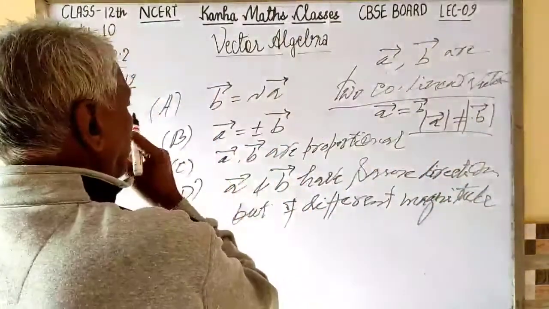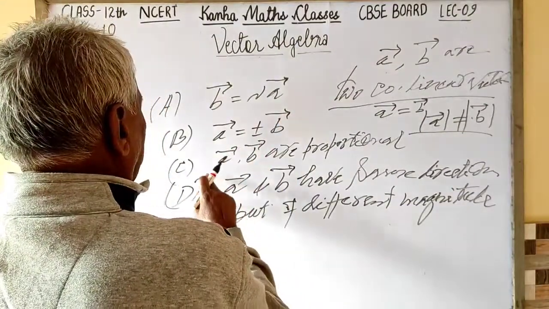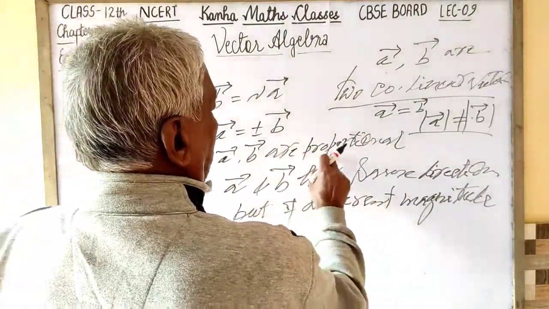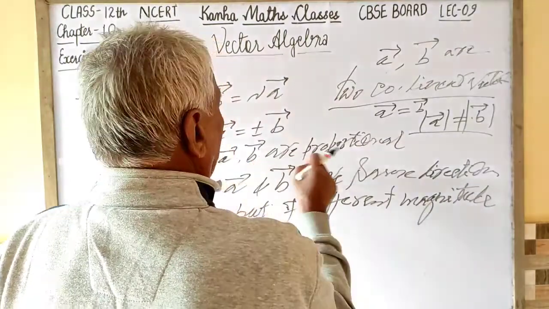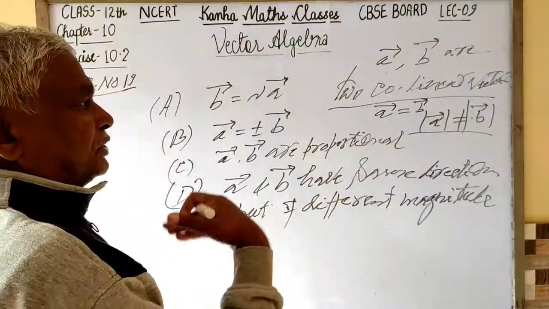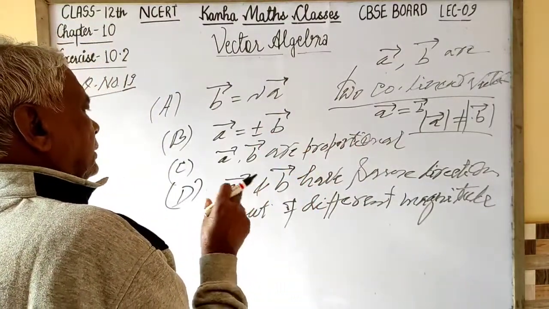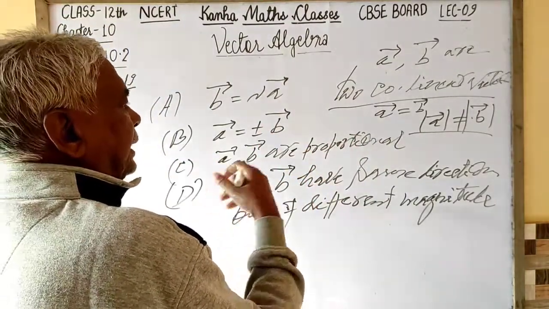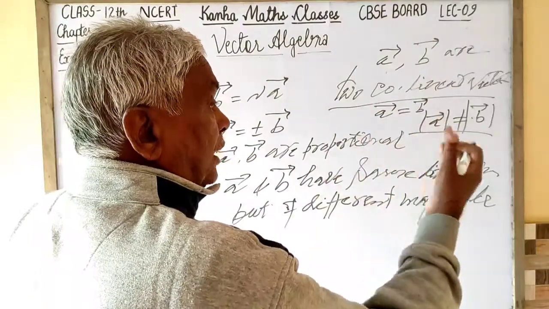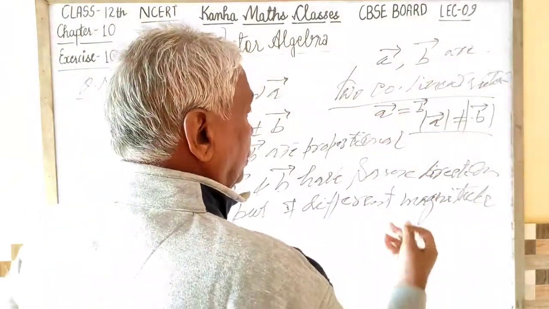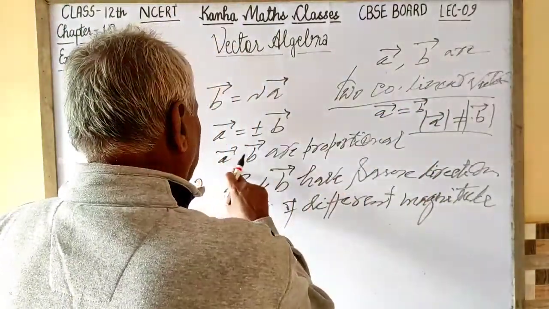Hence this is also correct, and A, B are proportional. The difference in magnitude may be such that A and B are proportional, like 2 times or 1 by 2, 1 by 3rd. This is also a correct answer.